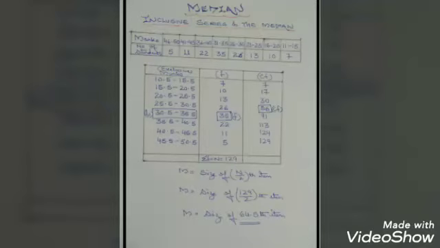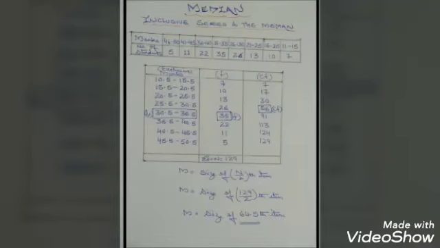You deduct the upper limit of the first class interval, 46, from the lower limit of the second, 45 — you get 1.